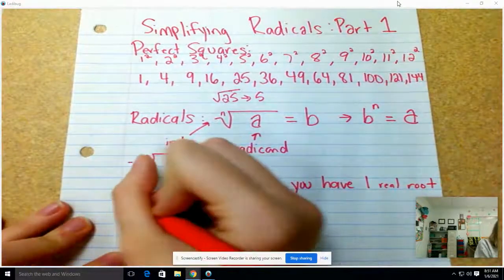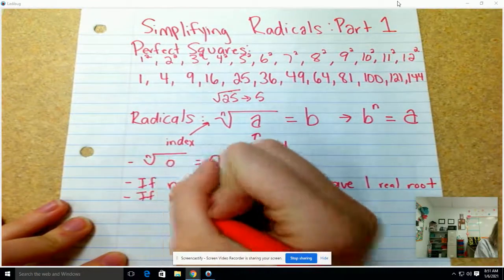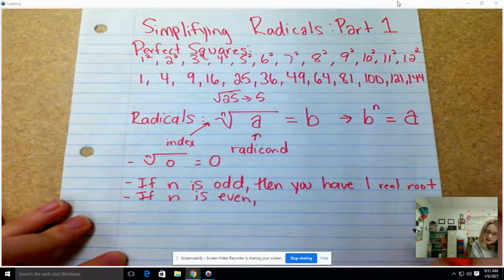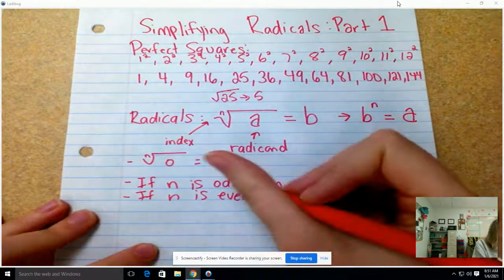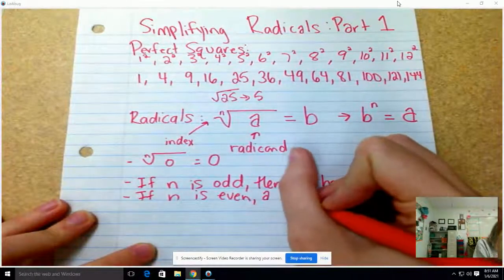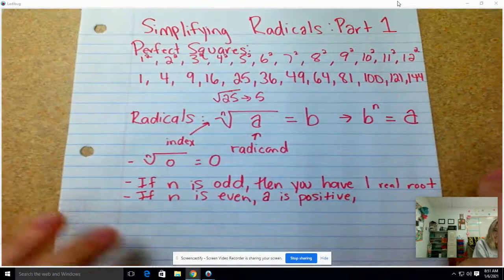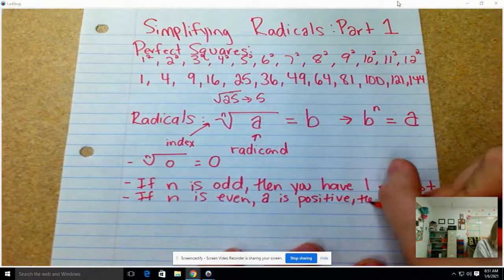If n is even, and a is positive, then two real roots.